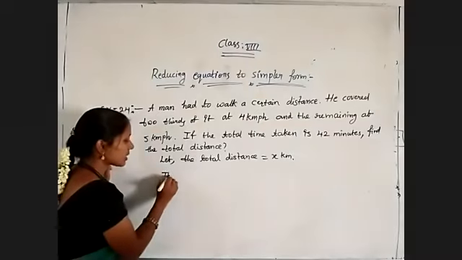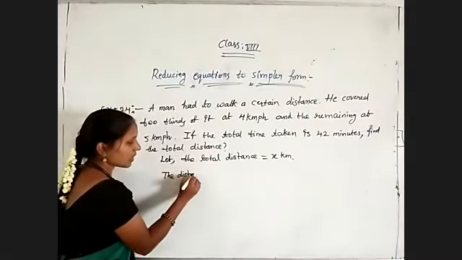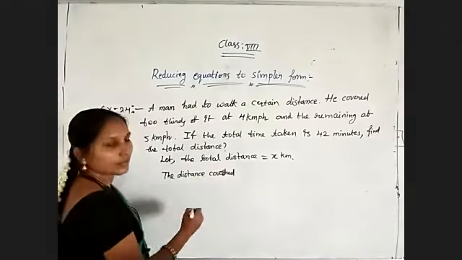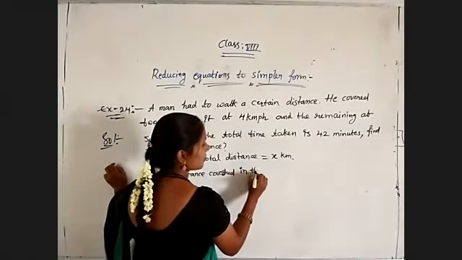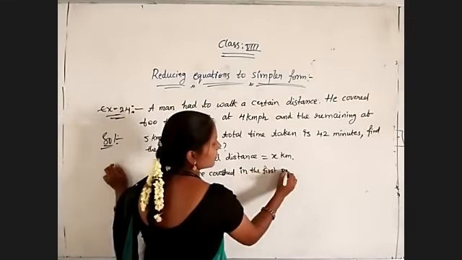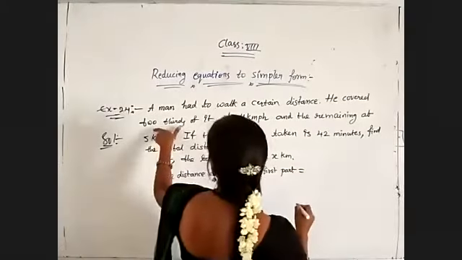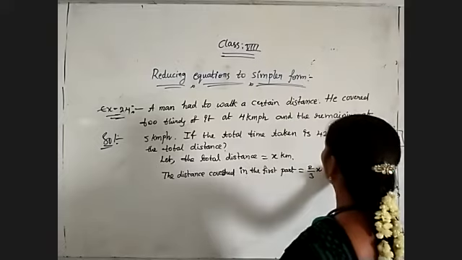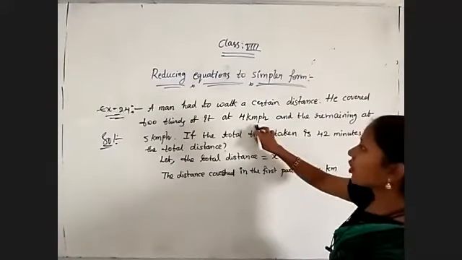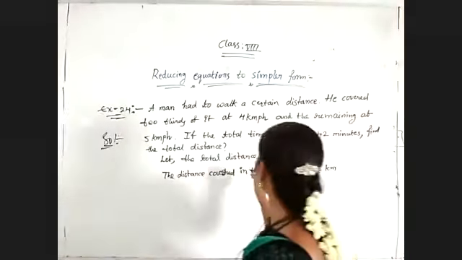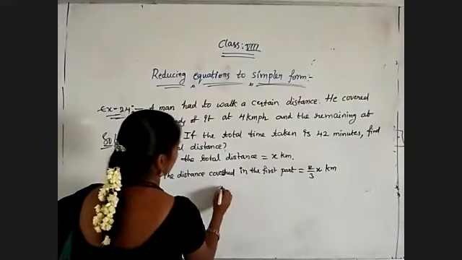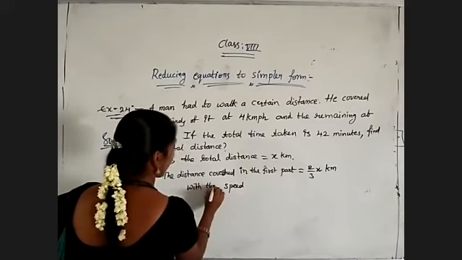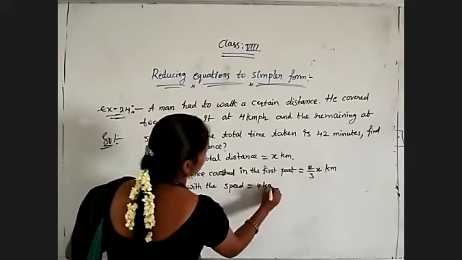So the distance covered in the first part is 2/3 of x kilometers, with the speed of 4 kilometers per hour.